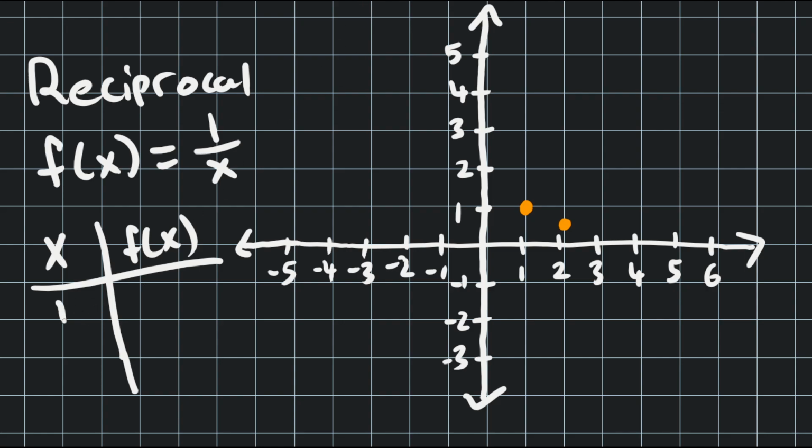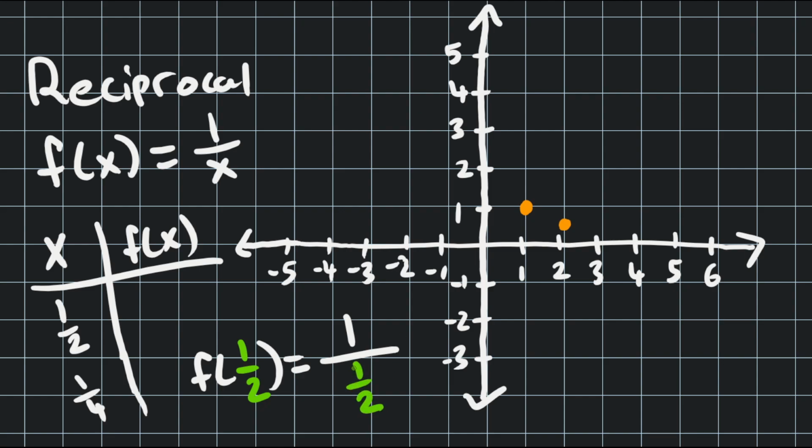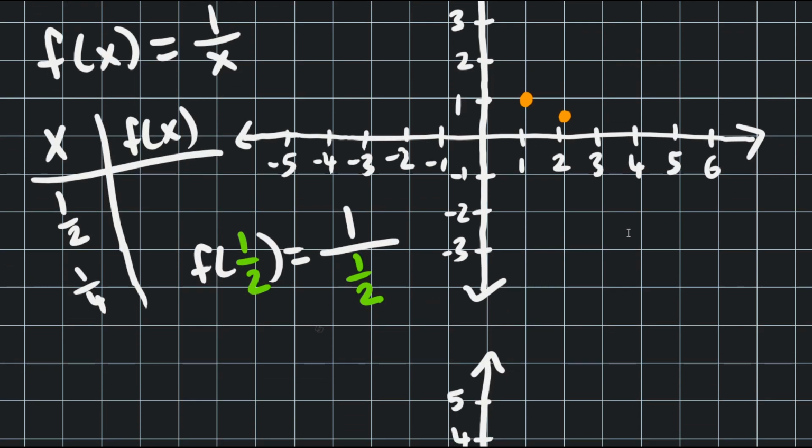Now let's plot a few more. Let's plot if x is a half, and if x is a fourth. So what is f of 1 half? F of 1 half equals 1 over 1 half. So we have a fraction in the denominator, 1 over 1 half.